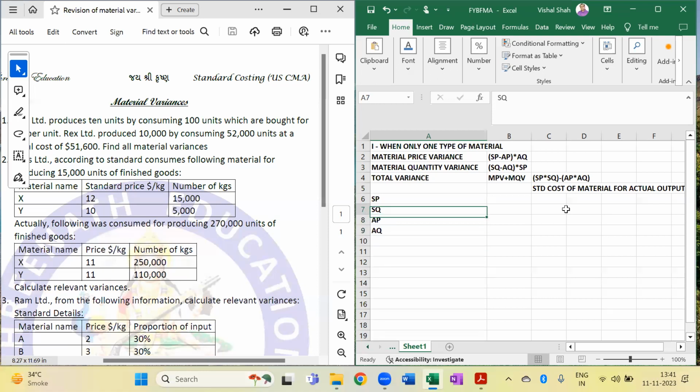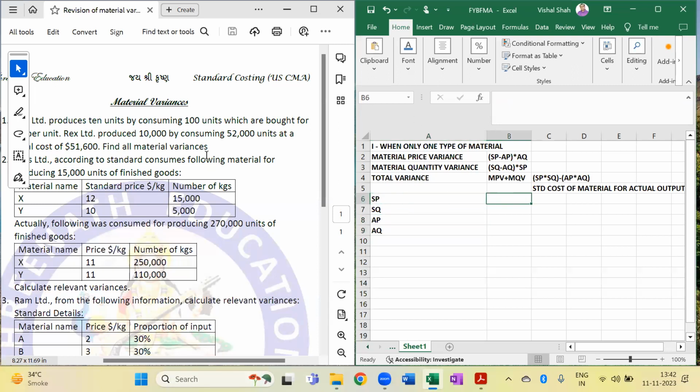If I get these four things, then I can find out all the variances. SP is nothing but the standard price of the material. SQ is the standard quantity for actual output. AP is the actual price of the material, and AQ is the actual quantity consumed.